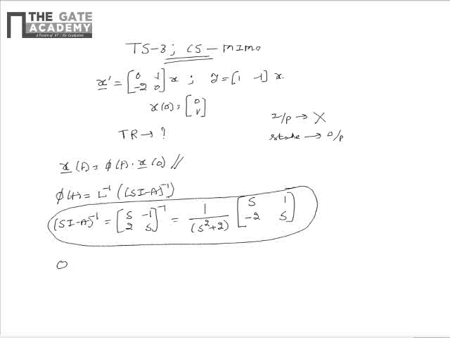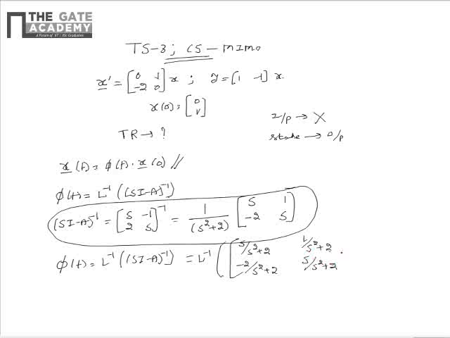For getting the term phi of t, we need to find the inverse Laplace transform of (sI minus A) whole inverse, which is equal to L inverse of [s by s square plus 2, 1 by s square plus 2; minus 2 by s square plus 2, s by s square plus 2].